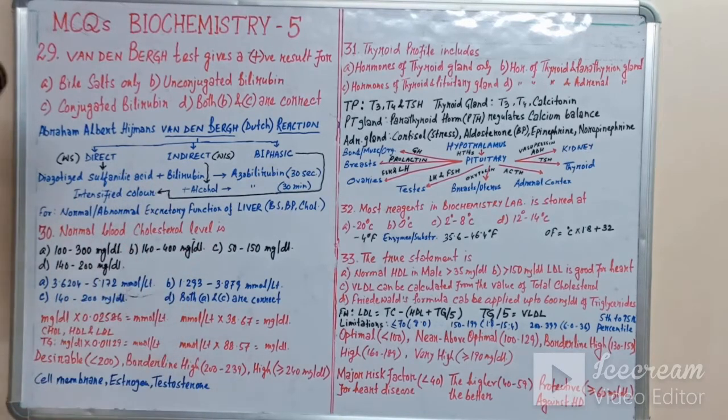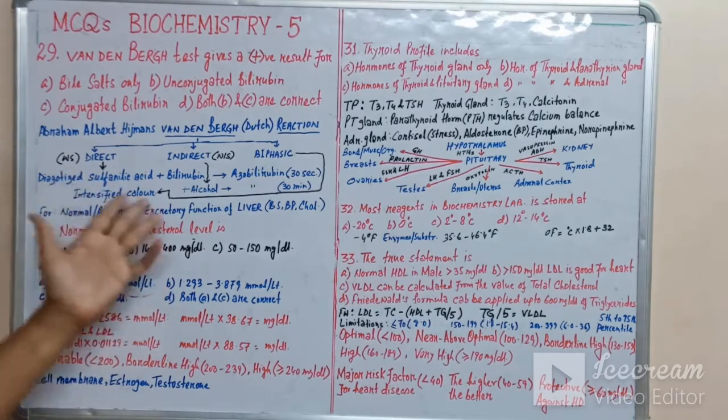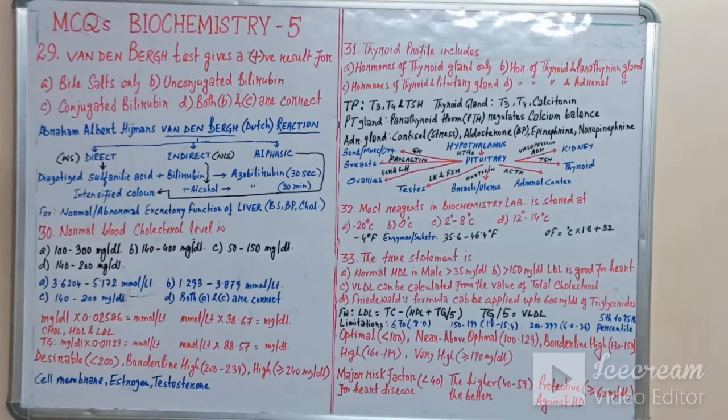Now in a biphasic reaction, you do both tests at a time, that is for the total bilirubin. You just add diazotized sulfanilic acid to the serum sample where bilirubin is there.